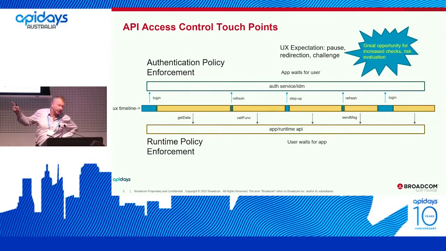This is an example of a user experience going through a typical application. On the top you'll see the identity security aspects, and on the bottom, it's more the API runtime experience. The top part is a stop-start experience. If you go to sign on, you get asked for a username and password, and then all of a sudden it prompts you in a different channel for multi-factor.